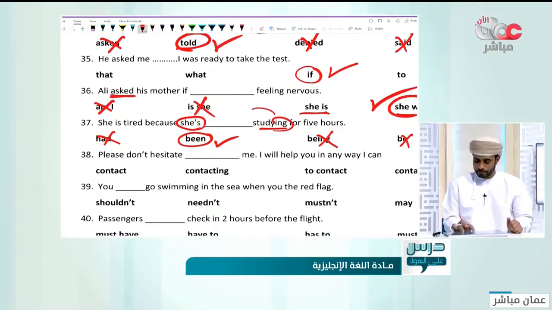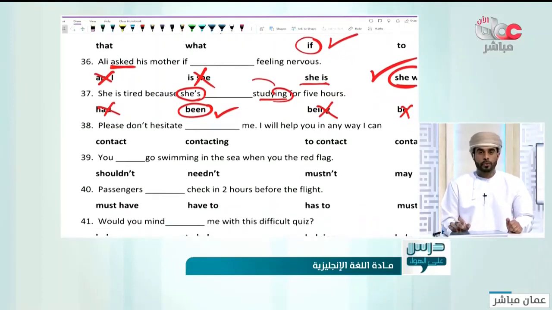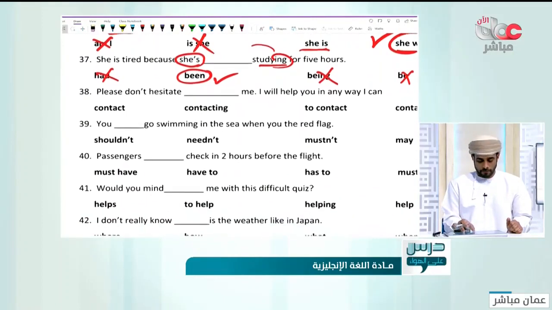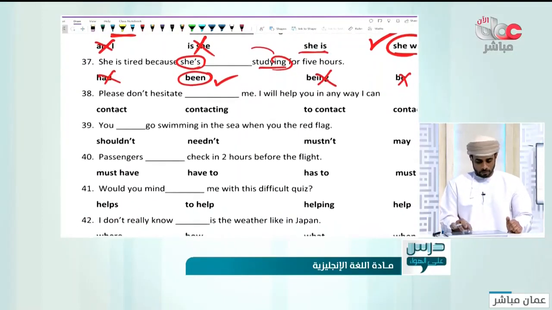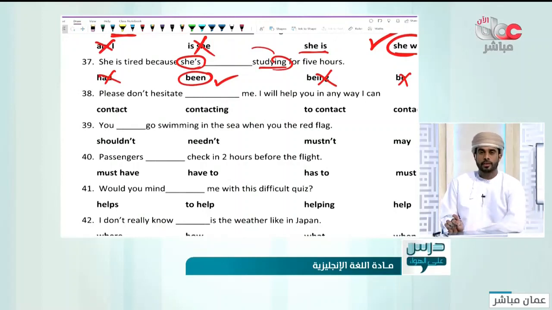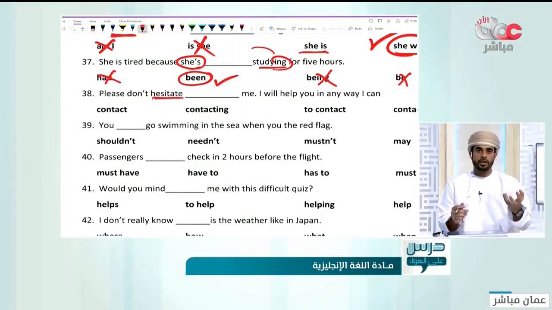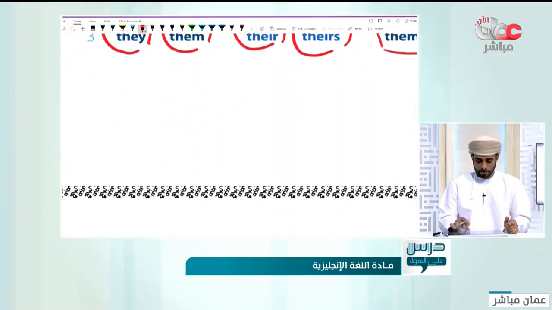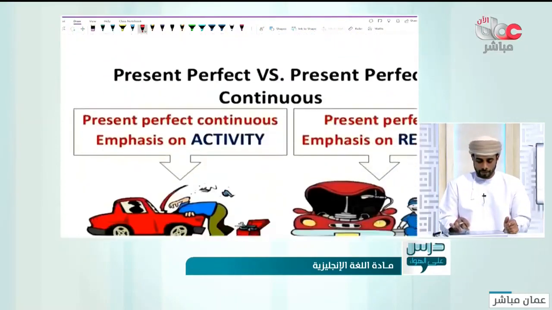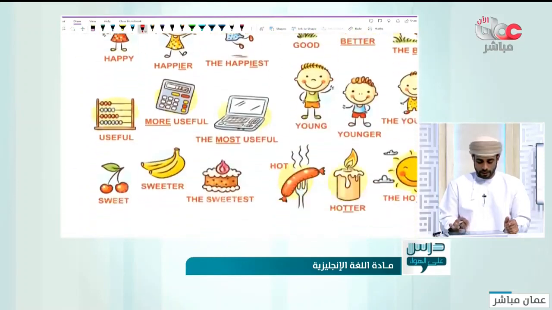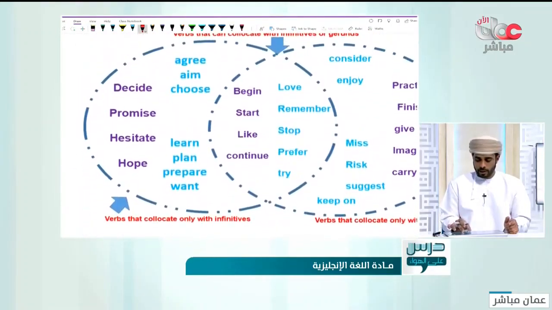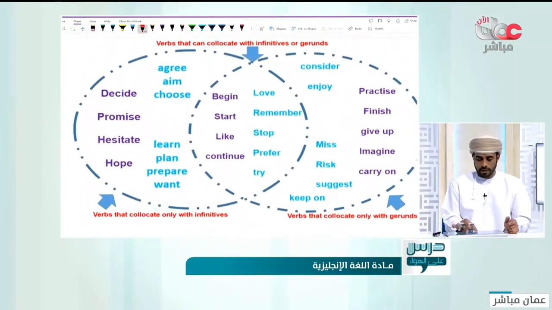Nice. I don't know if we have more time for the coming question. Please don't hesitate. Good. The verb hesitate works either with a gerund or an infinitive. Remember it. We have it in here. Don't hesitate. Those are the verbs that you can use with it.